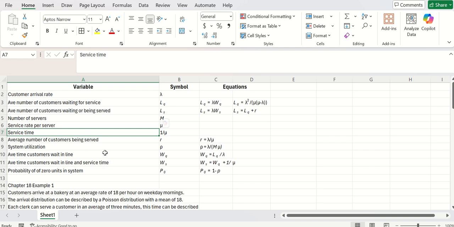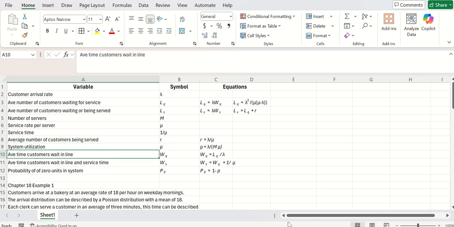Average number of customers being served, a utilization factor, very important to us as a vendor. If we're the ones who own the bake shop, we need to be looking at what kind of utilization we have of our servers, because we can speed things up by having more servers, but from the owner's perspective, there's a cost associated with that.